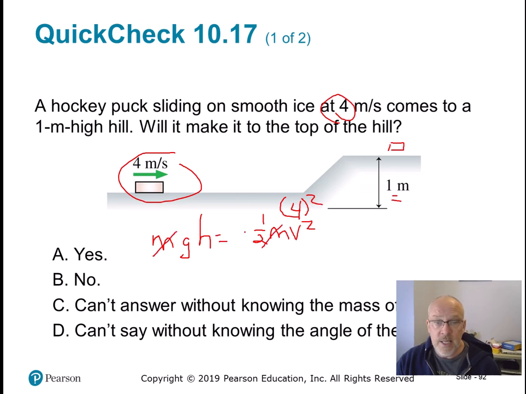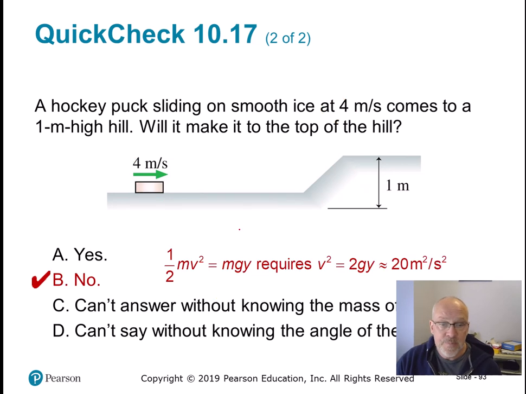So is this quantity enough to overcome this quantity? So 9.8 times 1, right? So does that work out? Well, let's see. It requires v squared equal 2gh, right? So remember, the mass drops out. Solve for v.